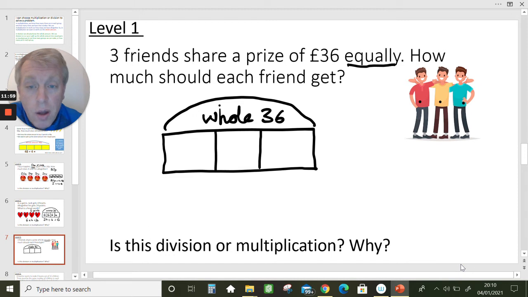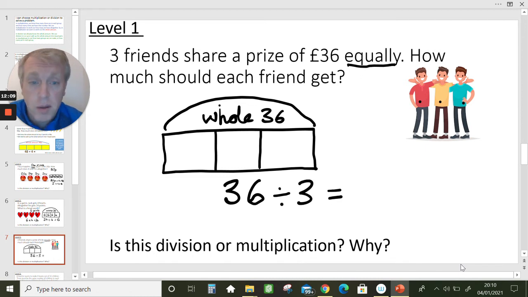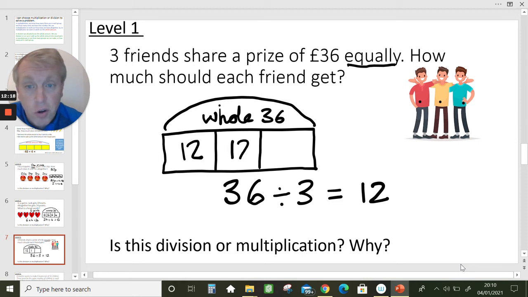So the whole amount is 36. We are splitting it up or dividing it into 3 parts. We're going to use our 3 times table. 36 divided by 3 is 12. And of course it means 12 for you in the red shirt, 12 for the man in the yellow shirt, and 12 for the blue-green shirt.